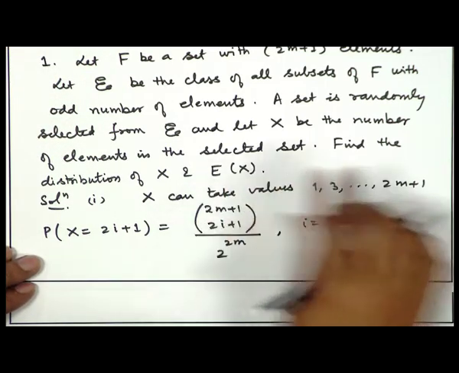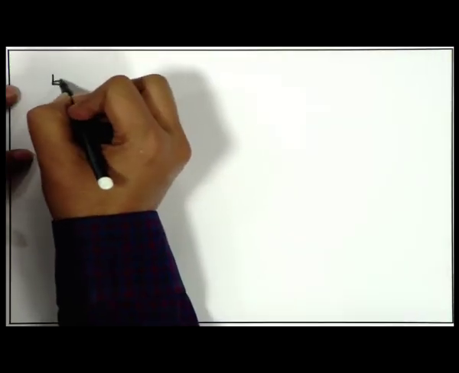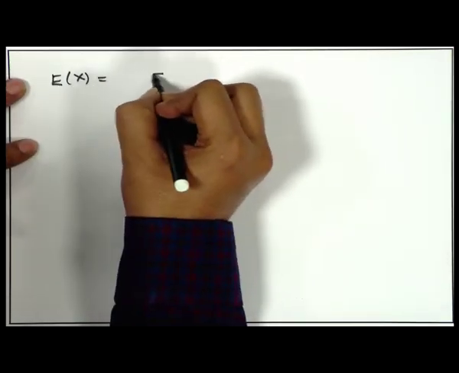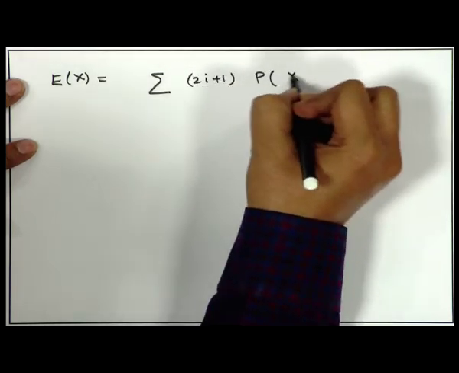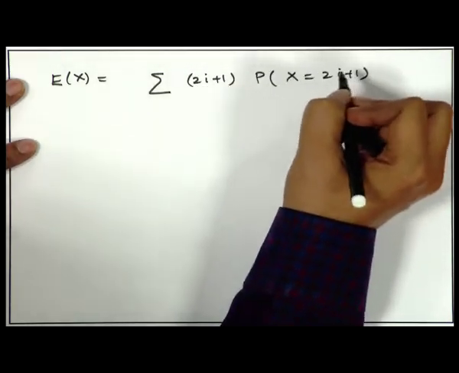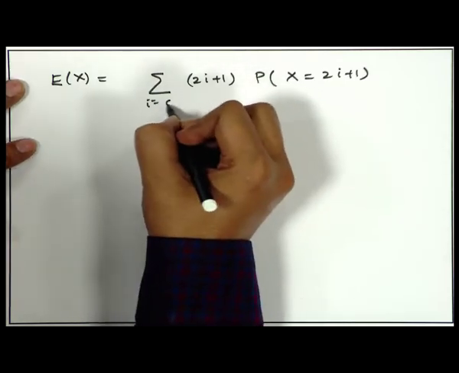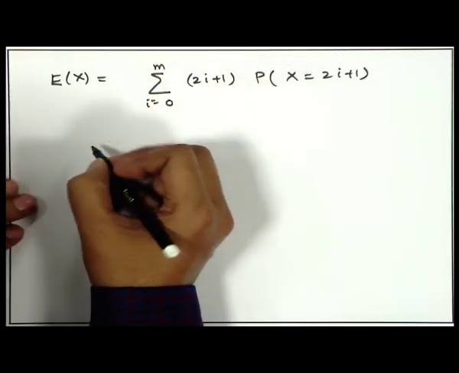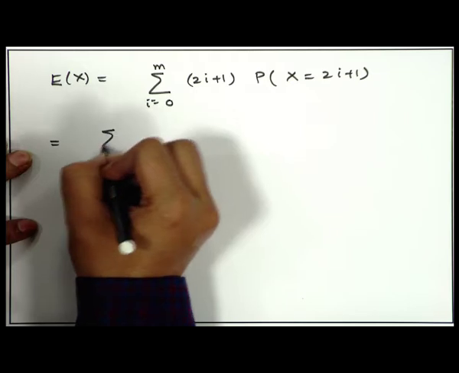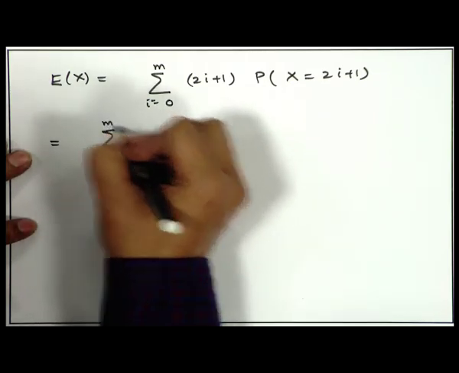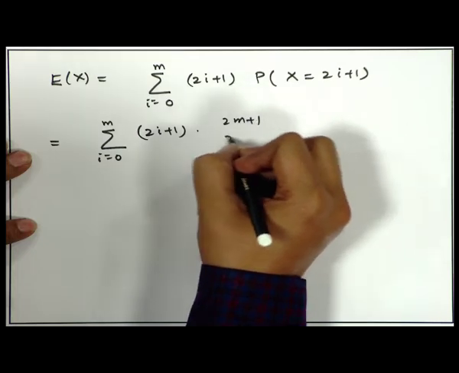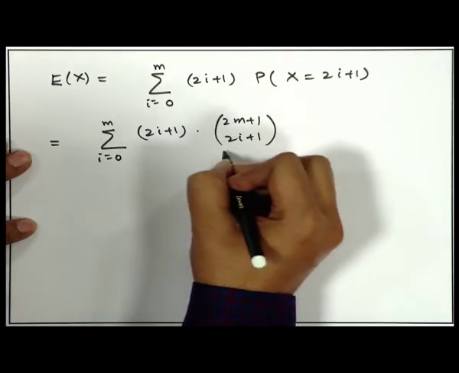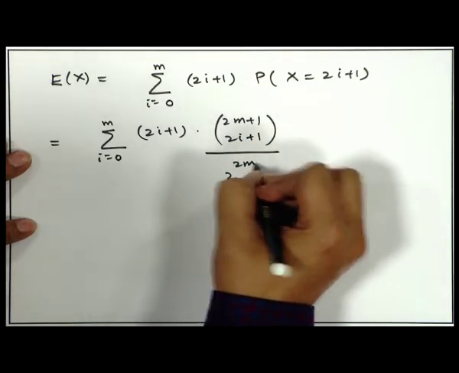Suppose I want to calculate the expectation of this. If we want to calculate the expectation of it, that is equal to sigma of 2i plus 1 into probability of X equal to 2i plus 1, i equal to 0 to m. So, that is equal to sigma i equal to 0 to m of 2i plus 1 times 2m plus 1 C 2i plus 1 divided by 2 to the power 2m.